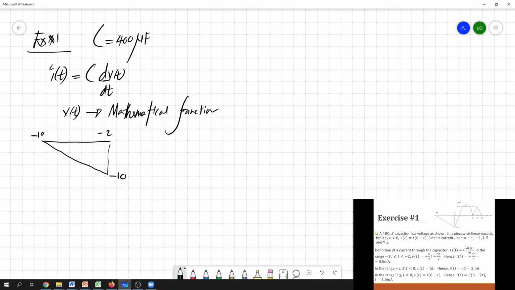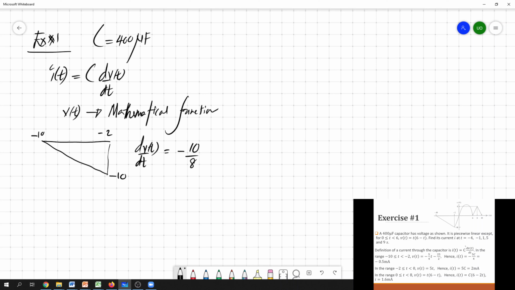Here this is -10. So we can simply evaluate the gradient. So the derivative is equal to minus this height -10 divided by 8.